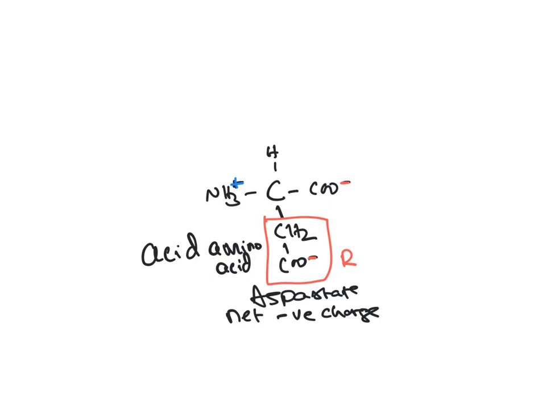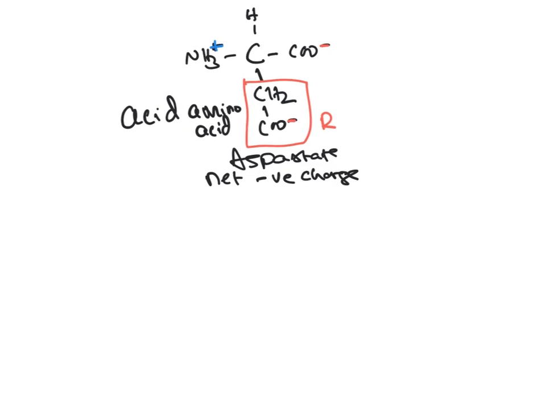The pH is more than the R group pK here. The R group pK is less, that's why it has undergone deprotonation. So thereby it has a net negative charge. So that's about aspartate. It's a negatively charged amino acid.